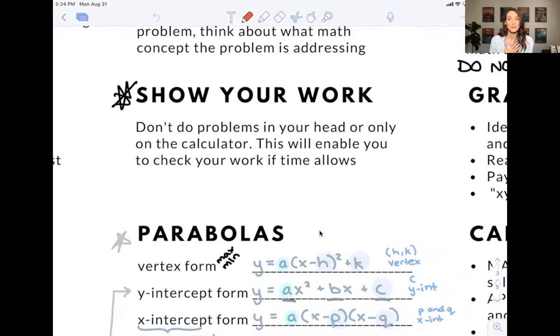Even I don't do that because when I am answering things in my head, if I get distracted for a split second, or something just goes awry, maybe it only happens once every 1,000 times, and I make a silly mistake. That is too high of a risk on the SAT. This is an important test. So I always show my work, even for the super easy questions, just to make sure that I don't make a silly mistake. That also enables me to easily go back and check my work at the end of the test to make sure that everything is correct.